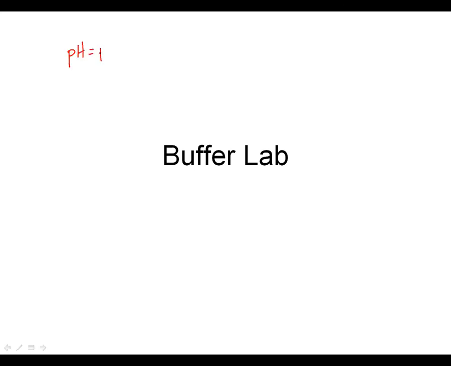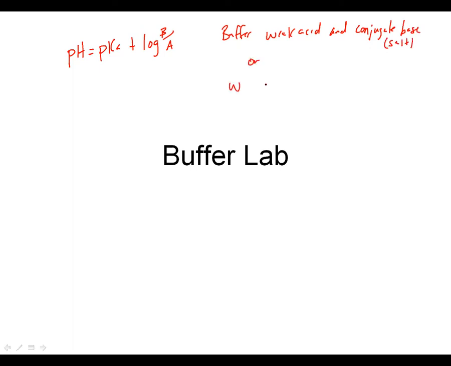And we talked extensively about buffers, how they work, and what they're made up of. Remember that a buffer is made up of a weak acid and its conjugate base, or the salt of its conjugate base. Or it could be made up of a weak base and the salt of its conjugate acid.